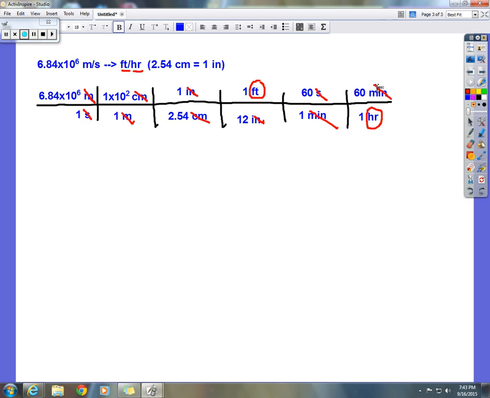And then in our calculator, and this one's going to get tricky because we got a lot of stuff going on, but remember, if you're using scientific notation, you need to use parentheses.